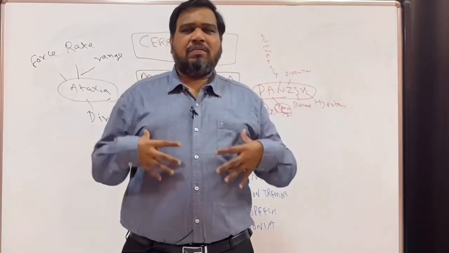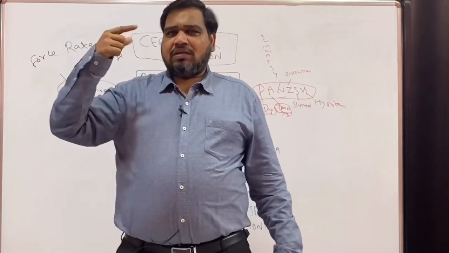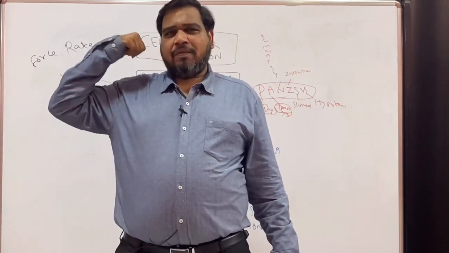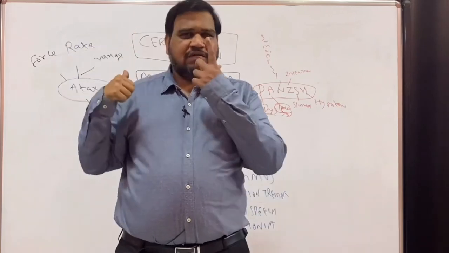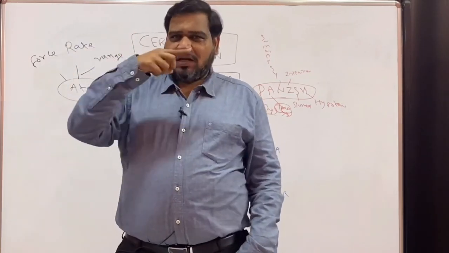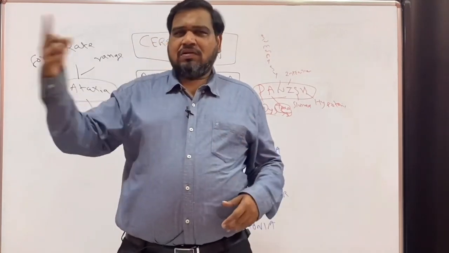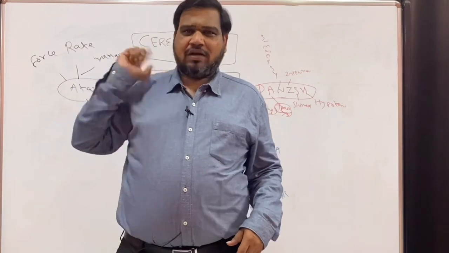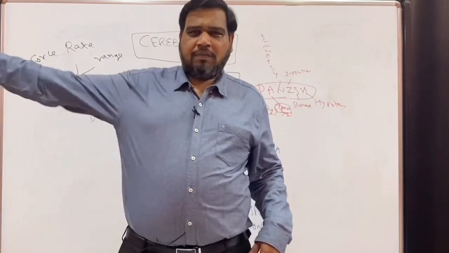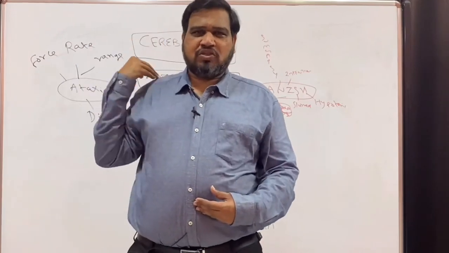Now imagine I am having a cerebellar lesion. When I am doing the finger nose test, what will happen? The cerebellum is not giving proper information to the cerebral cortex about where exactly the tip of the nose is. The cerebral cortex knows that I have to go and touch the tip of the nose, but the initial position is not clear. For example, if I am keeping my hand here, then also I can do it, or here, because the cerebellum is giving information about the initial position of the hand.